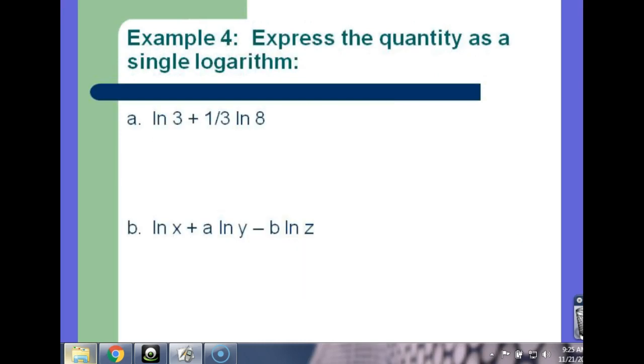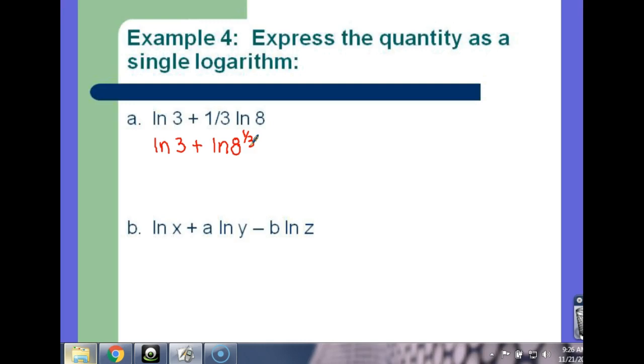That same rule can be applied forward to backwards. So on the last rule, we turned all the multiplication and division to addition and subtraction, and then we did the exponents. When we go backwards, they like to bring the exponents in first and then turn it back to multiplication. So this will be ln 3 plus ln 8 to the 1/3 power.